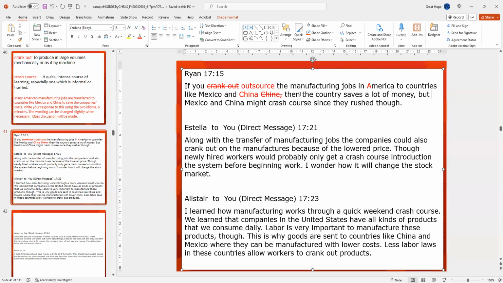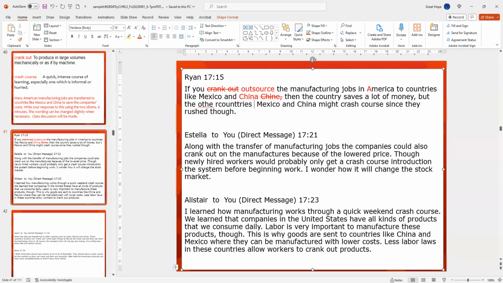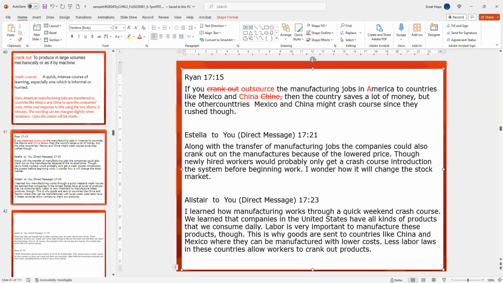But the other countries crank out tons of jobs. All right, so that's how it is. Right? The other country cranks out tons of jobs. Do you understand, Ryan?